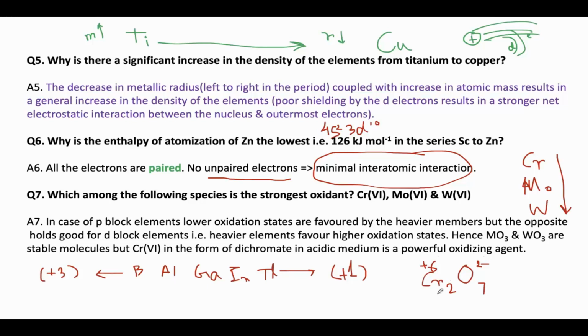The less the stability, the higher the reactivity. That's why it is one of the powerful oxidizing agents in acidic medium in the group. So K2Cr2O7 is used as a very powerful oxidizing agent.